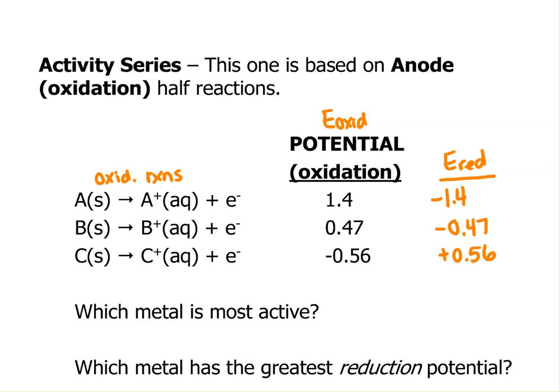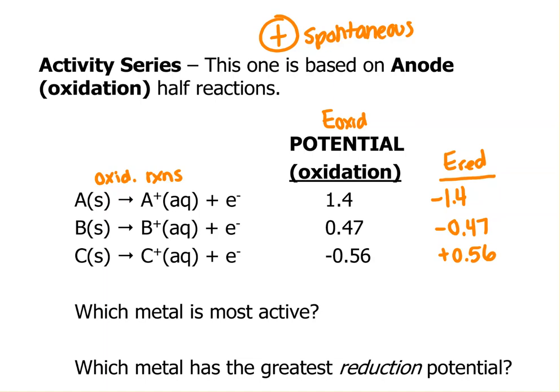So that's why you only need a table for one of them, because if you need the opposite reaction, you just flip the sign. Okay, and remember that on an activity series, positive is spontaneous. In other words, I would say positive is good. If you have a really positive number, that means you have a good anode or cathode.